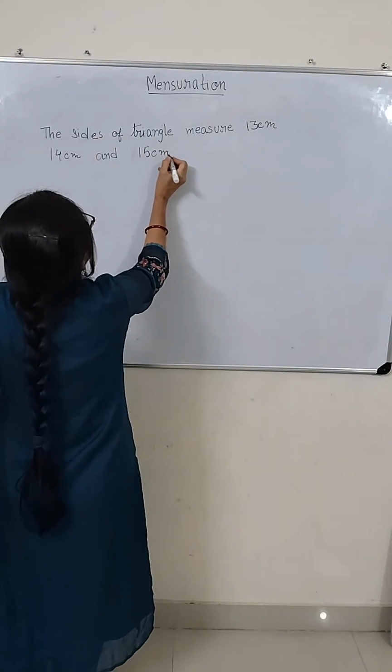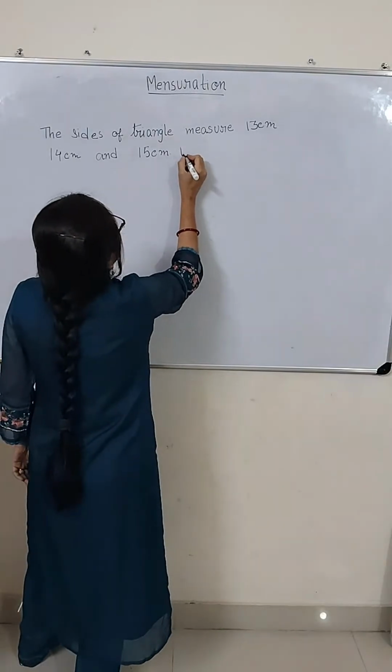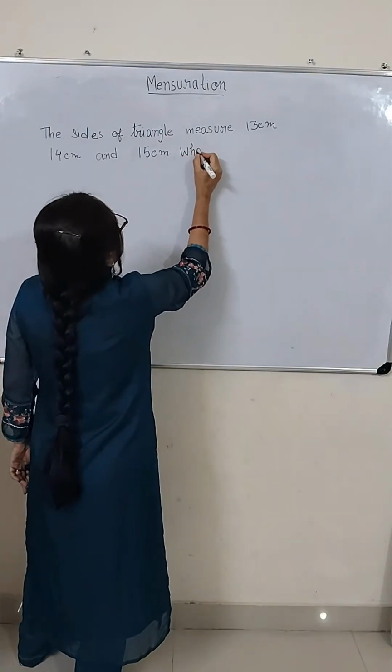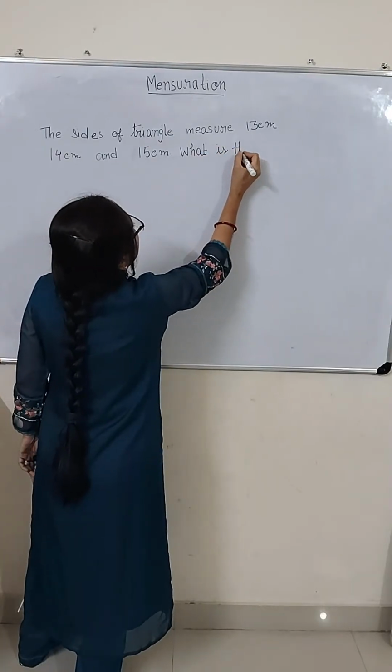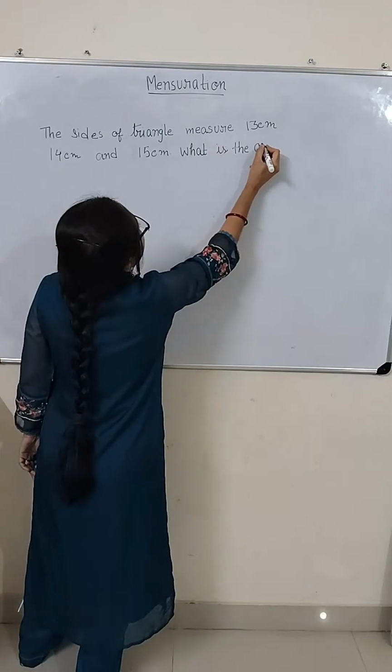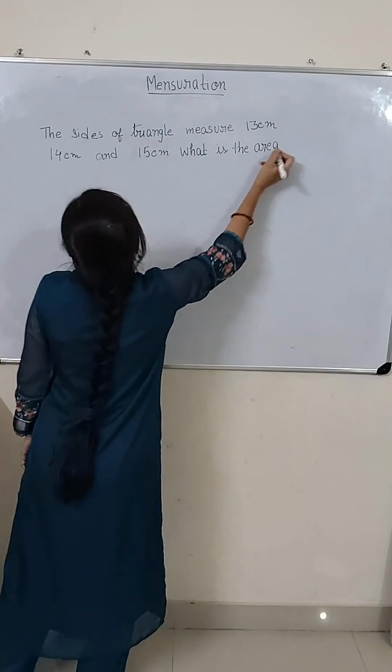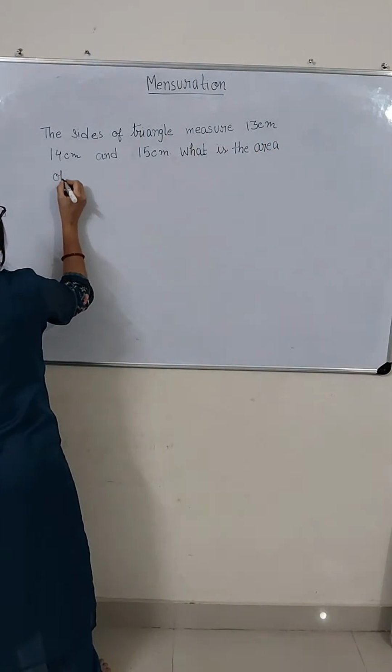What is the area of the triangle? What is the area of a triangle?